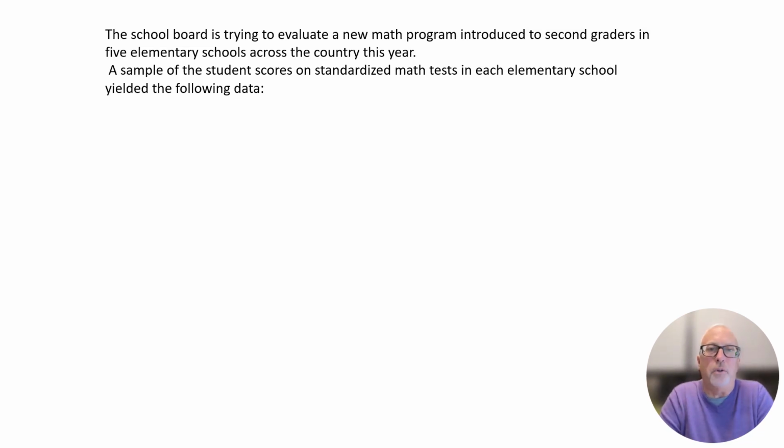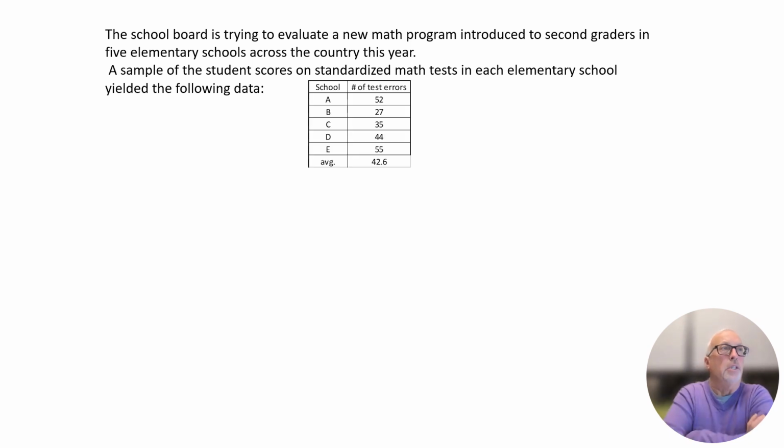The school board is trying to evaluate a new math program introduced to second graders in 5 elementary schools across the country this year. A sample of the students' scores on the standardized math tests in each elementary school yielded the following results. The column gives the number of test errors in each sample. Now we don't know what the sample size is, but thankfully for a C chart, we don't need to know.